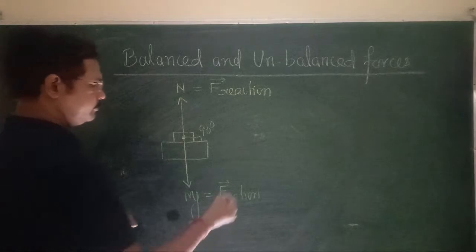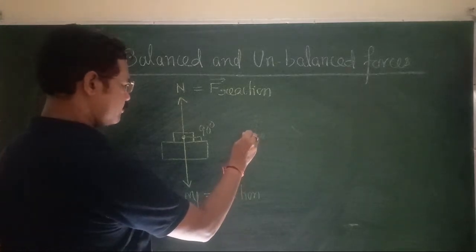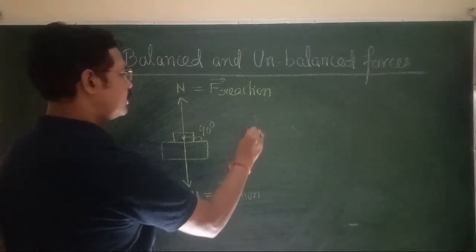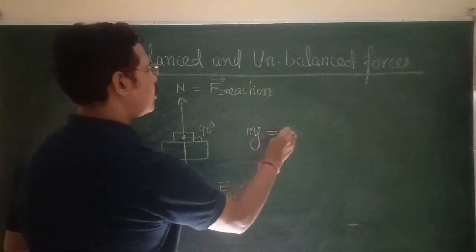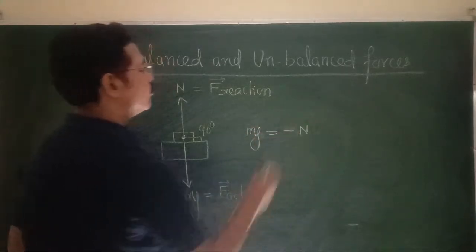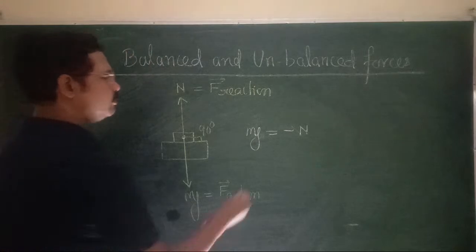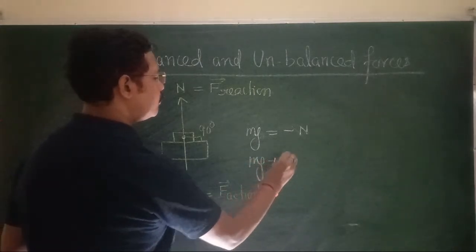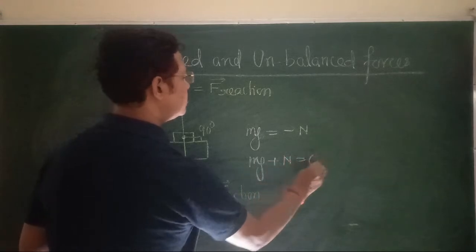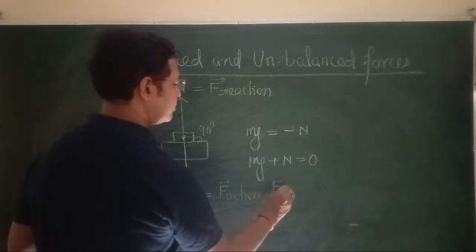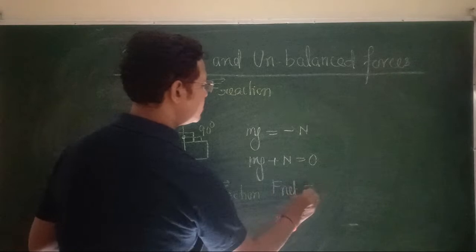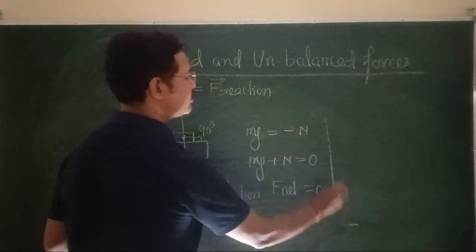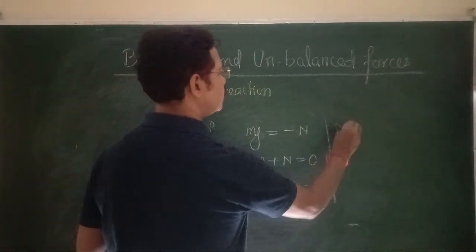And when mg is opposite to the normal reaction, mg plus N is 0. F net is 0. What happens here? No motion.